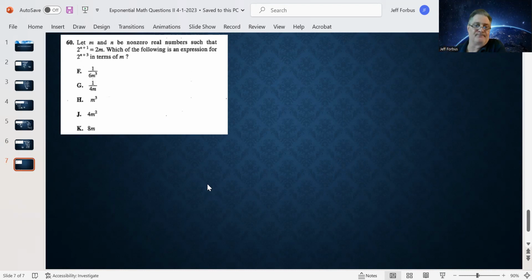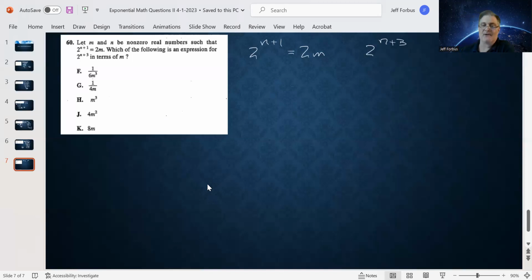Okay. There's a relationship here. So notice we have 2 raised to the n plus 1 equal to 2m. And then we have 2 raised to the n plus 3. So 2 raised to the n plus 1 can be seen as part of 2 raised to the n plus 3. n plus 1, n plus 3.